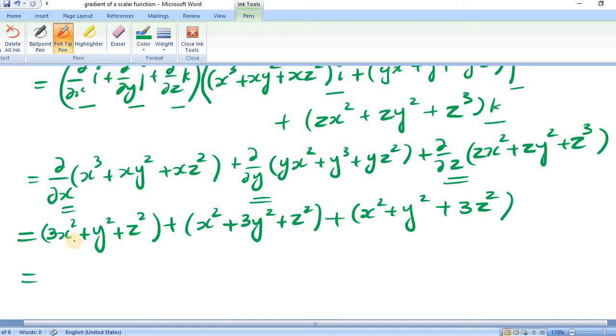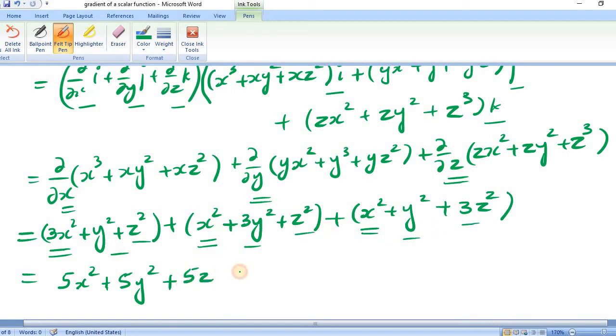Now we need to add all these together. As we can say, 3x square, x square, and x square will be 5x square. So here we have 5x square, then y square, 3y square, and y square. So this will again be 5y square, and the last one z square, z square, and 3z square. This will also be 5z square. So we can take 5 as common. This is x square plus y square plus z square.